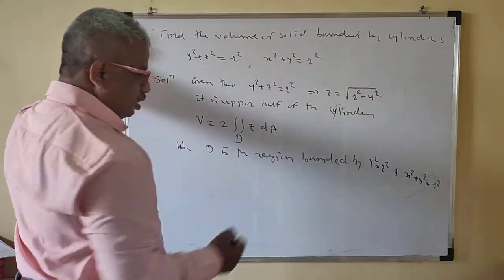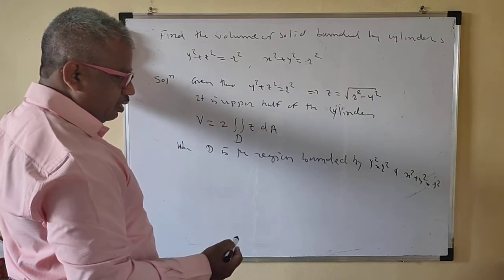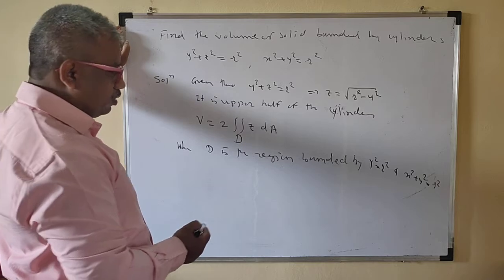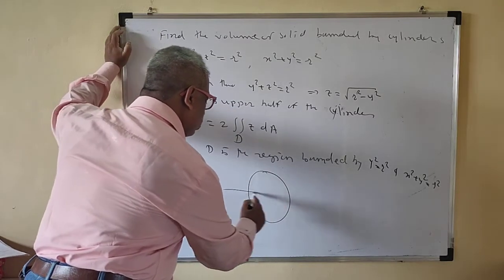Okay, so that means what? We write a circle now here. Y is equal to r, right? So y square is equal to r square. We write a circle now.